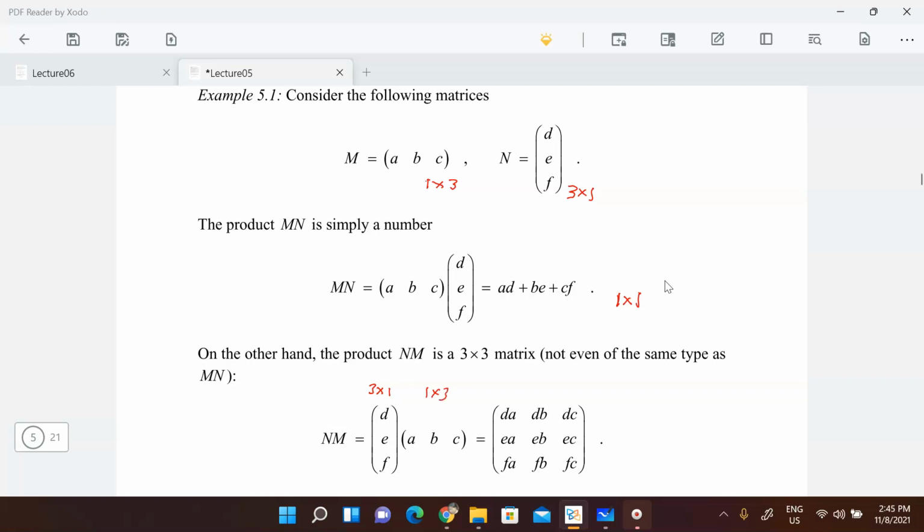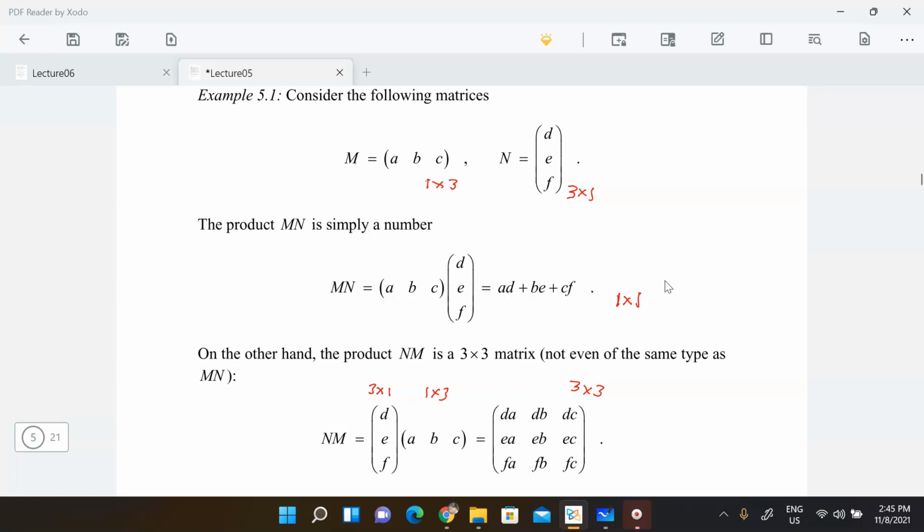I'm pretty sure you have done this before. You take a row matrix multiplied by a column matrix, and you get a number. But now here you have a column matrix multiplied with a row matrix, and what you're supposed to have is actually a 3 by 3 matrix.